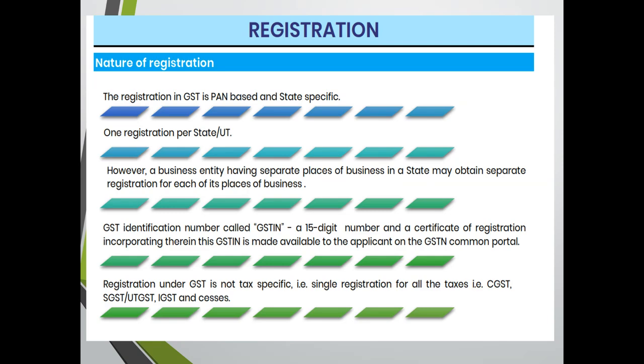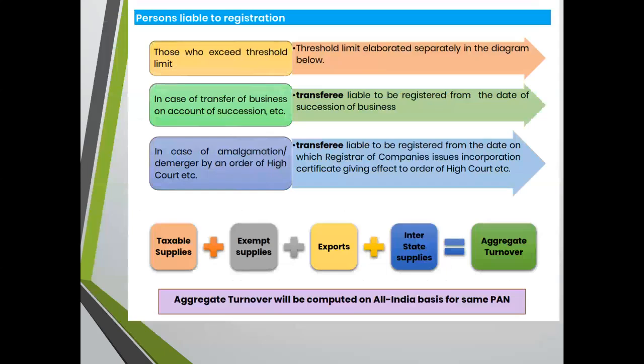After which, who are all the persons who are required to register? First of all, the normal cases: if your turnover is more than the basic threshold limit, you would be required to get a mandatory registration. Then if you are transferring a business, the GST registration number cannot be transferred.